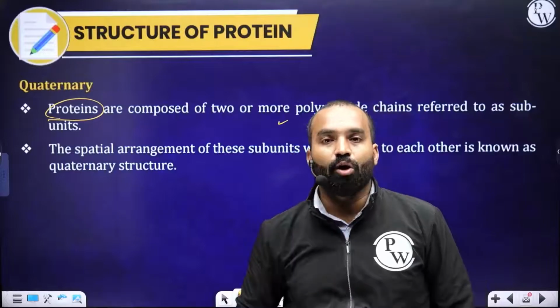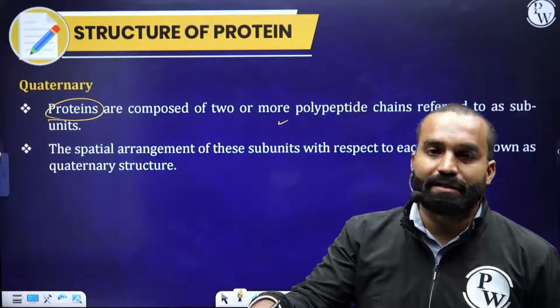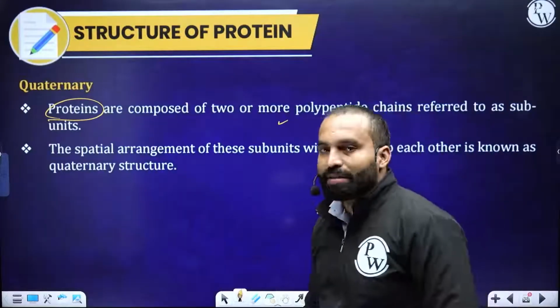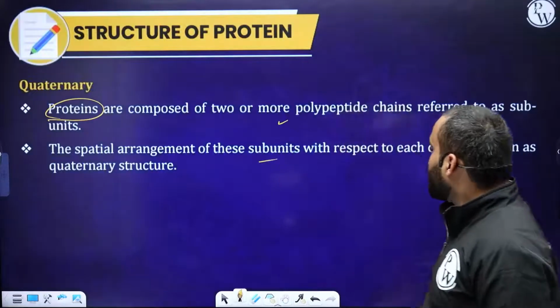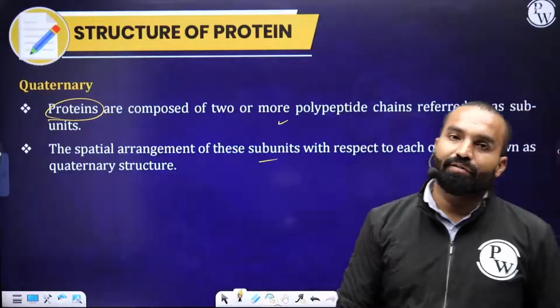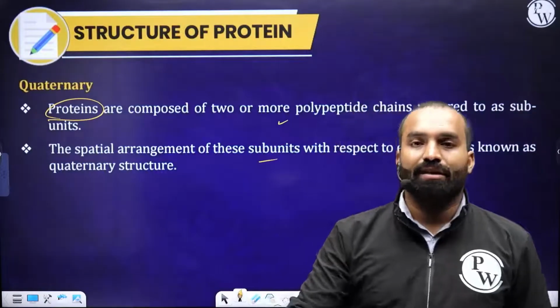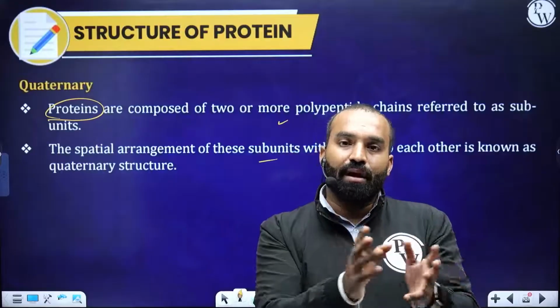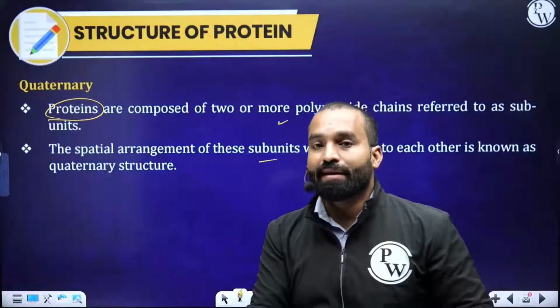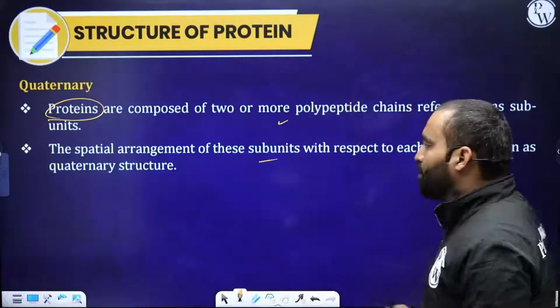For example, hemoglobin has got 4 subunits in it. Okay, all those units are complex. So the spatial arrangement of these subunits with respect to each other will give it a structure, quaternary structure. Hemoglobin has got 4 units, 1, 2, 3, 4, and all of them are arranged in such a fashion that they provide us a quaternary structure to the hemoglobin.